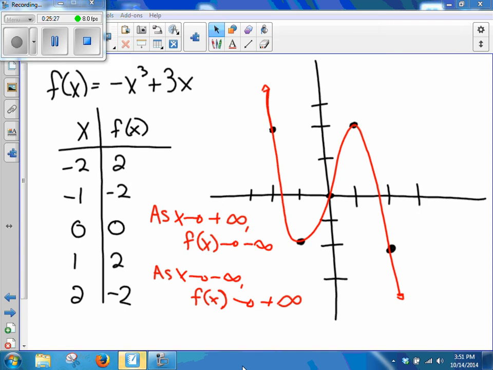Okay, so there's how we're going to graph these in a nutshell. So there's really no set way of what we need to do each time. You just have to plot the 5 points in your T-chart and go from there.